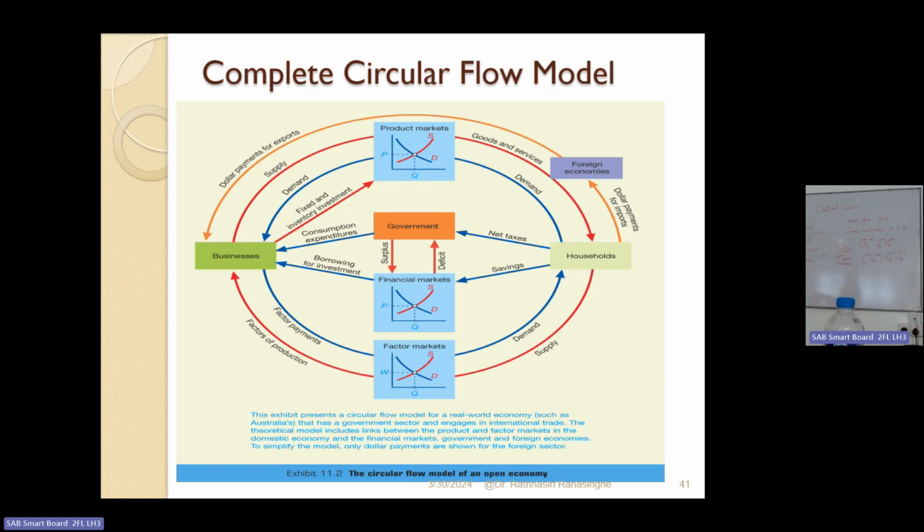So previously we had the factor market and the goods market. Now we take the government. Household receives income by supplying the factors. Based on that, what do they have to do? Part of the income they consume, and another part they save in the financial market, right? From the income received, part is saved, and another part is paid as taxes to the government, based on the income tax.